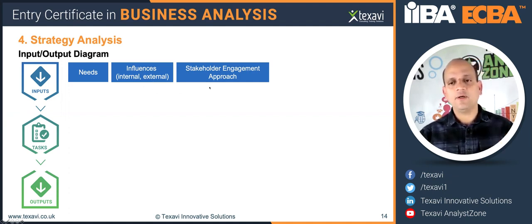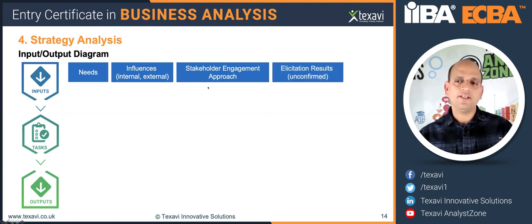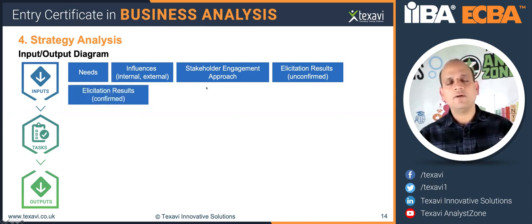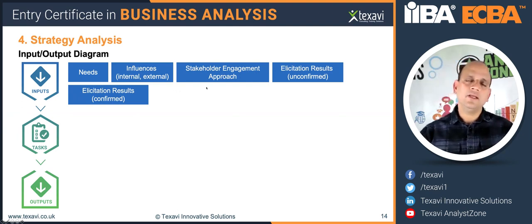We also have the stakeholder engagement approach that we did in the last few knowledge areas and activities, which would again be an input into this. And then the elicitation results would again be feeding into the strategic analysis, because we've done all those interviews, workshops, and prototyping.